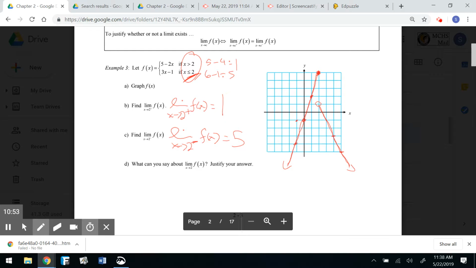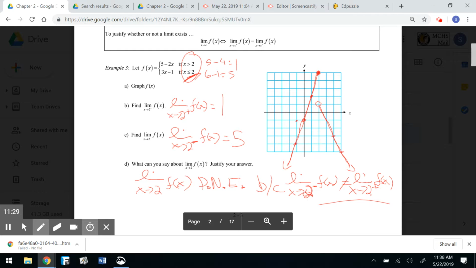So part D says, what can you say about the limit as x approaches 2? If you notice, there's no left or right-hand side on that. But what we say is the limit as x approaches 2 of f of x does not exist, because the limit as x approaches 2 from the left-hand side does not equal the limit as x approaches 2 from the right-hand side.